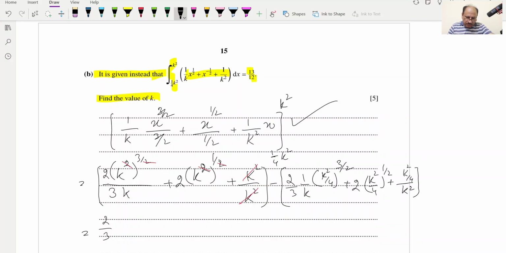So this will be 2 by 3, and k cubed over k will result in k squared, and this will be plus 2k and plus 1.